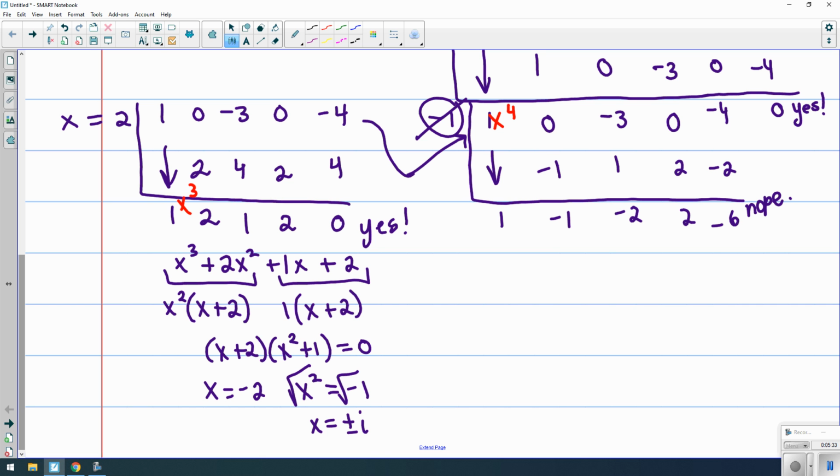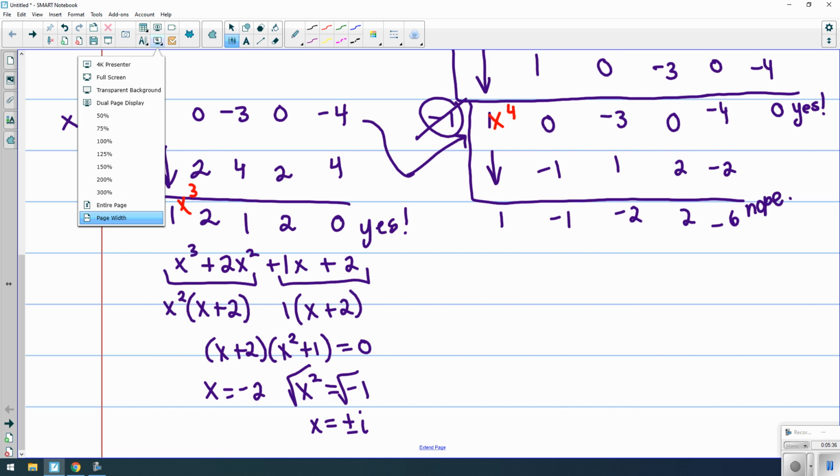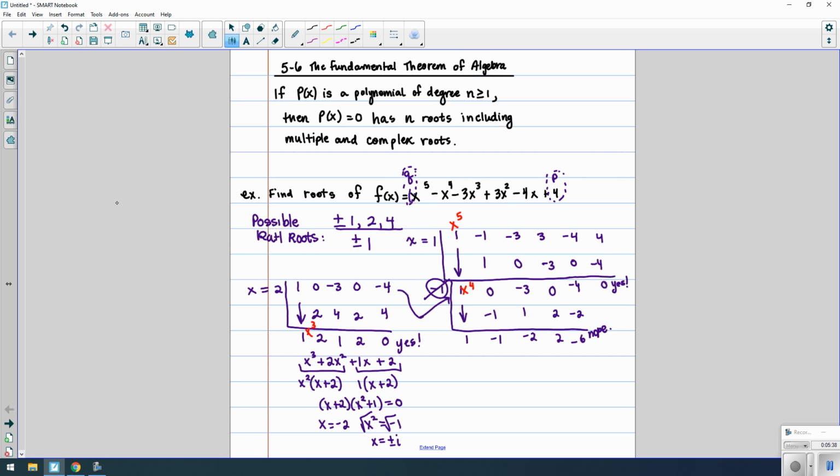Okay, so let's take a look at the big picture here. I think I'm done. I've completely factored everything. The cool thing is the fundamental theorem of algebra says that if you have an nth degree polynomial, you're going to have n roots. I needed to have 5 roots.